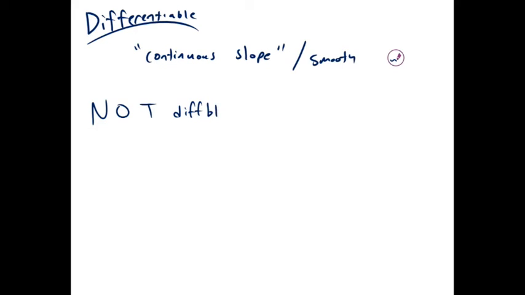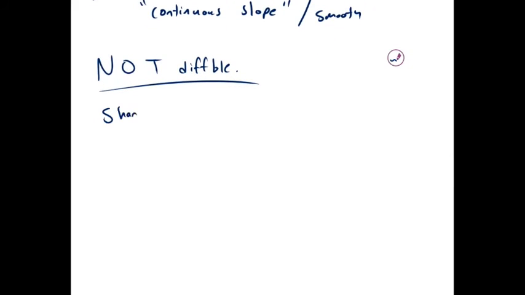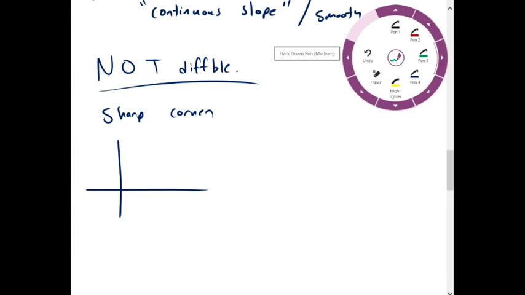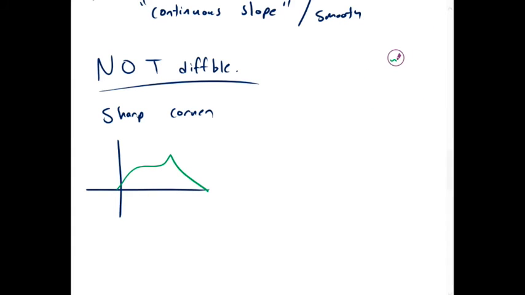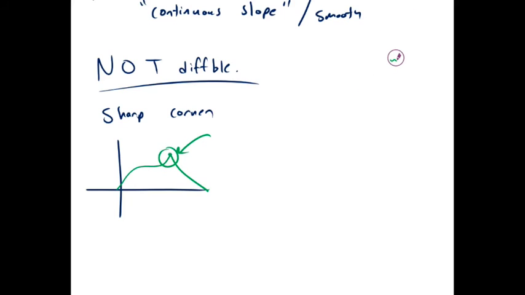We use the abbreviation diffable a lot, just to save time. If it has a sharp corner, for example something like this, the function isn't differentiable there because the slope from this side is not the same as the slope from that side. There's no slope at this point right here.